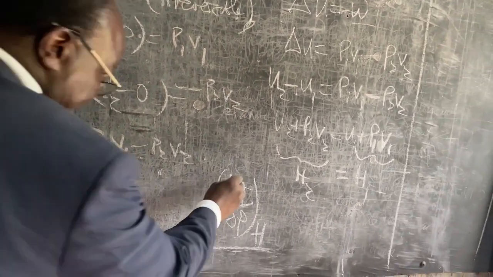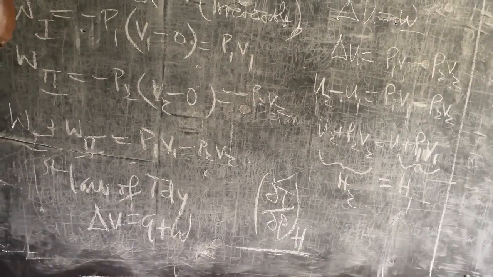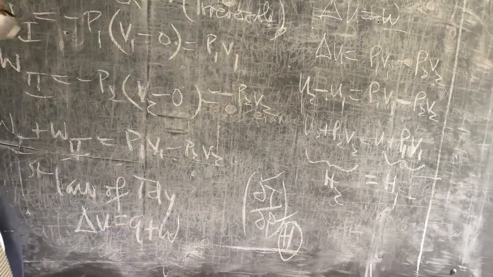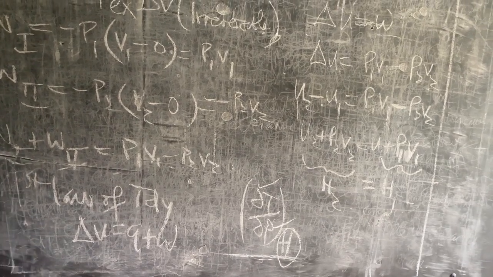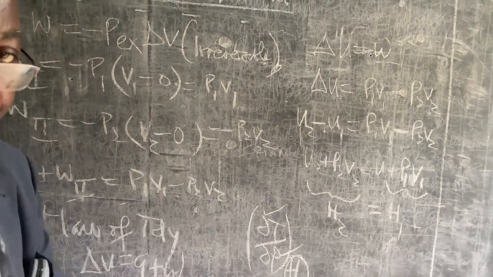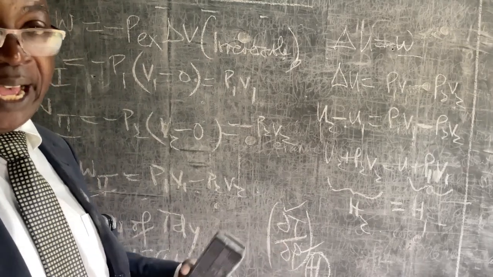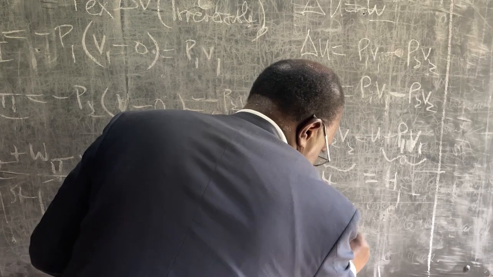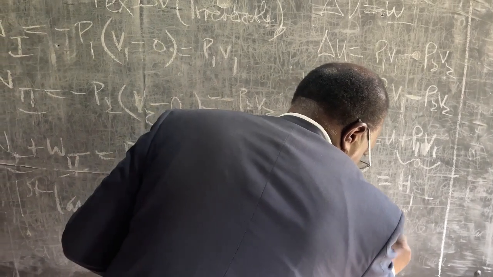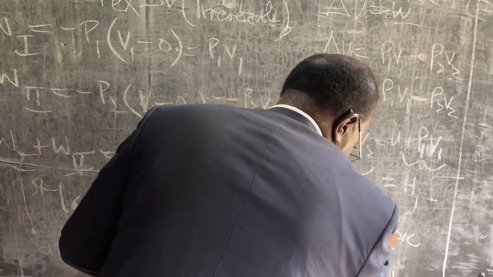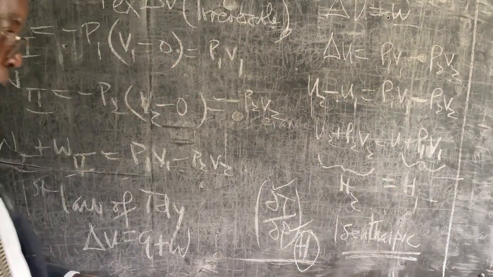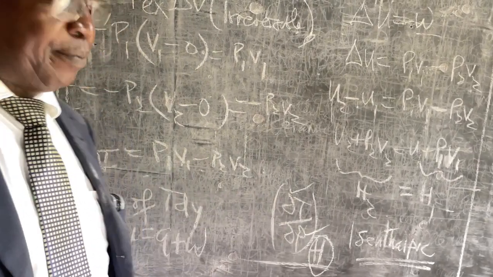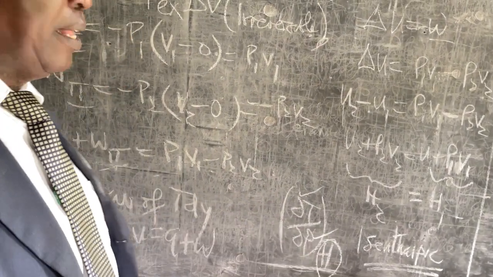We talk of this as isenthalpic, not isoenthalpic. You're used to isobaric for pressure, isochoric, so you don't say isoenthalpic. You say this is an isenthalpic process, in other words, done under constant enthalpy.